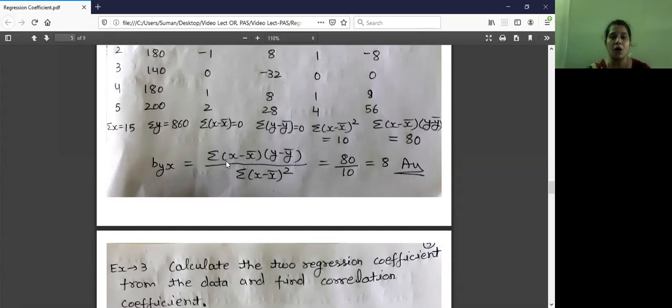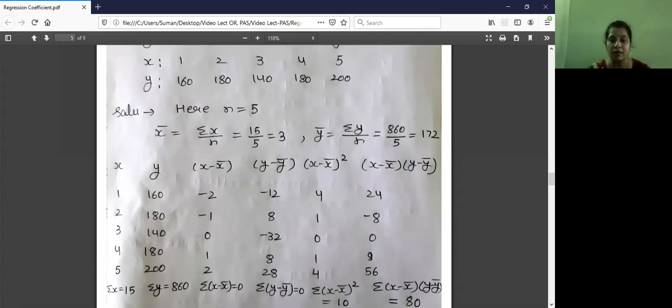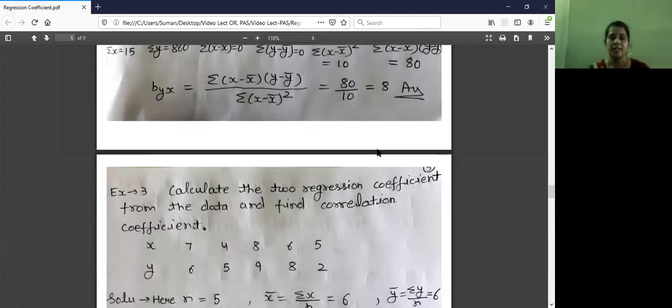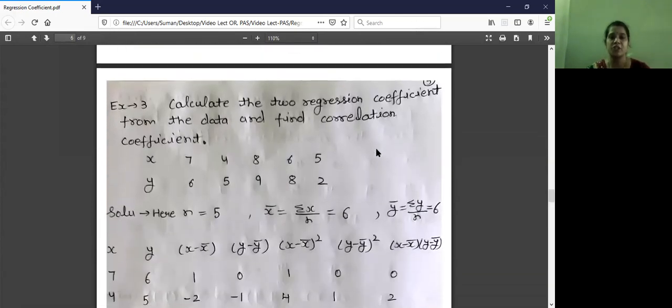Here the value of x minus x bar into y minus y bar, first we map this column. After that, sum of all these values. Got it? So our next question is: calculate the two regression coefficients from the data and find the correlation coefficient.